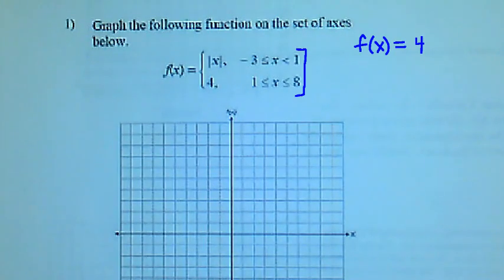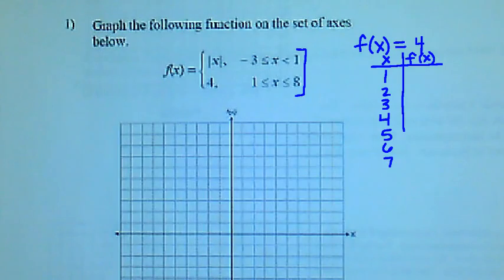It's going to be a horizontal line, right? And we are going from 1, okay, we are going from 1 all the way to 8. At 1, this is going to be a closed dot, and at 8, it's going to be a closed dot as well.